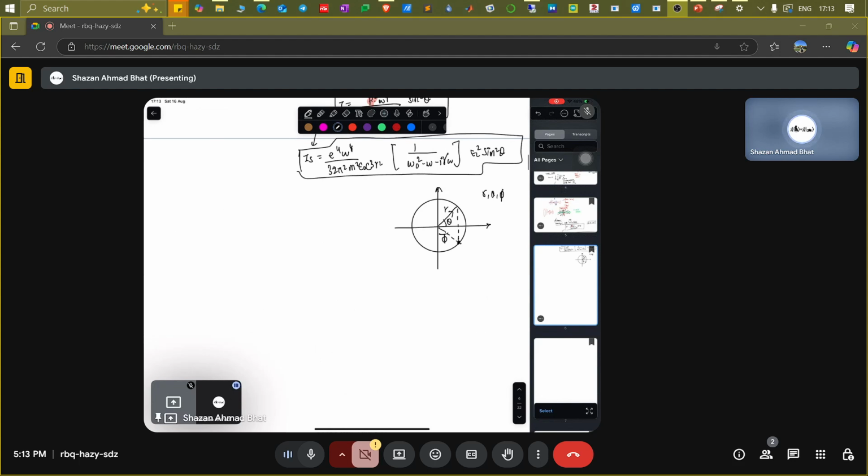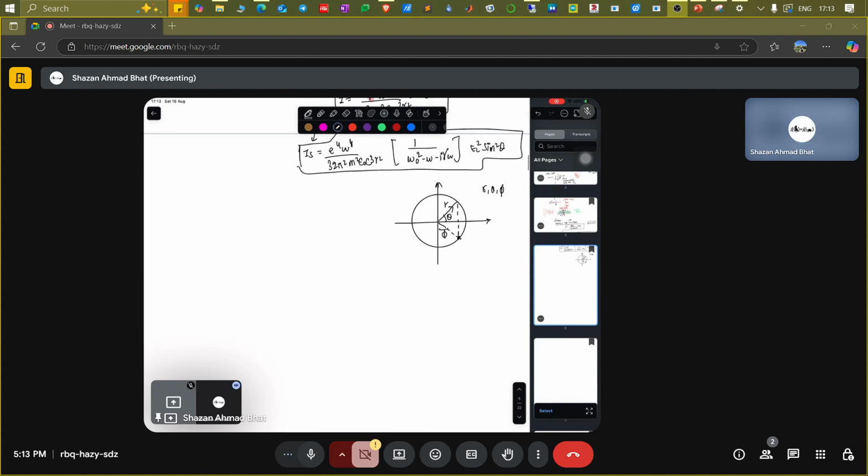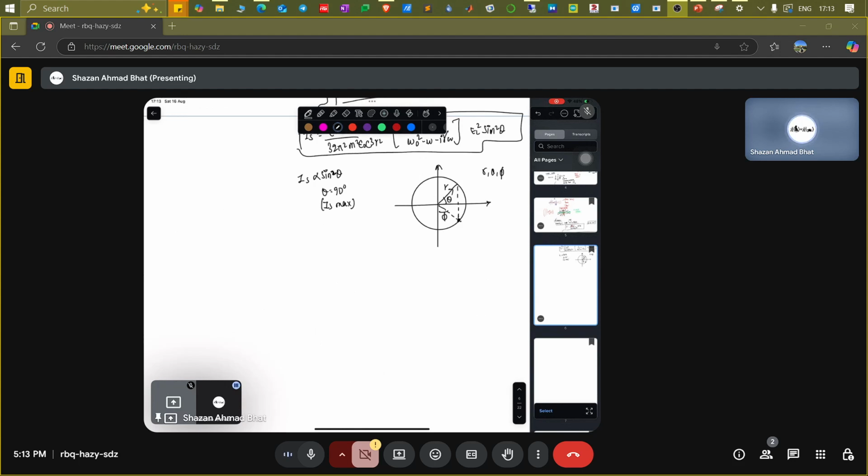So what does it mean? It means that the intensity is directly proportional to sine squared theta. That means at theta equals 90 degrees, intensity is going to be maximum. And it's symmetric. Why is it symmetric? Because there is sine squared theta. Otherwise, if we use minus 90 degrees, that is basically at this particular point. This is minus 90 degrees and this is 90 degrees.